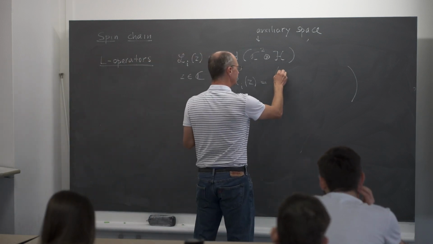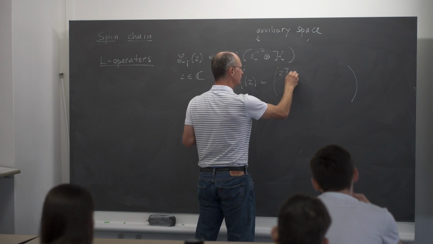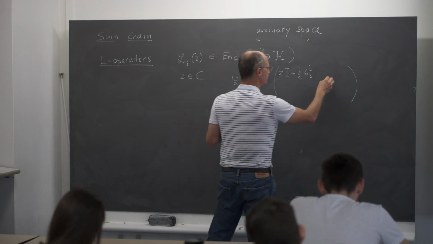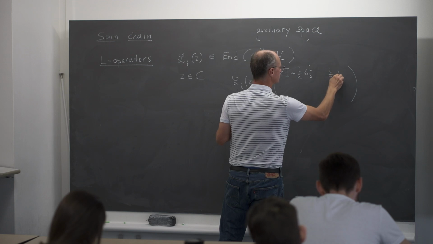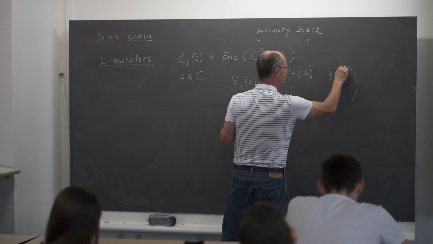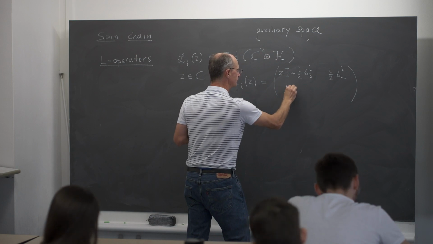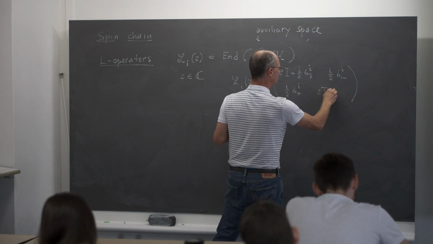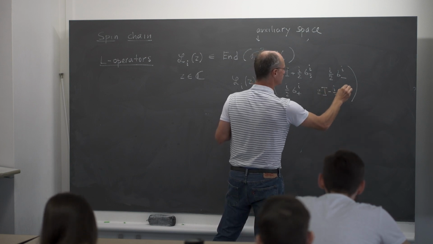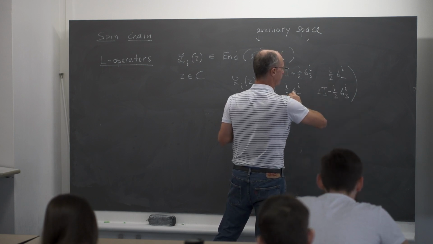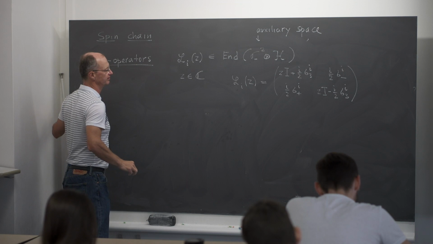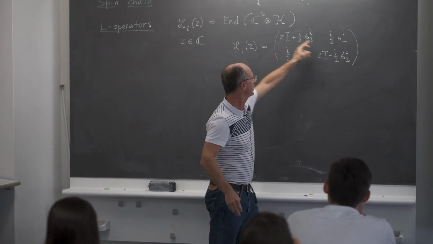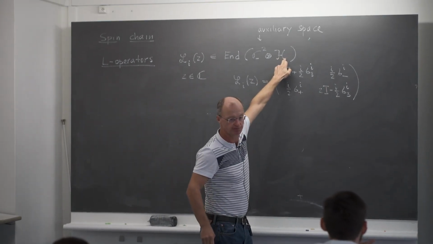Here it will be z times the unit matrix plus i over 2 sigma 3,i; here i over 2 sigma minus,i; here i over 2 sigma plus,i; and here z minus i over 2 sigma 3,i. So that's a strange concrete matrix with entries being operators acting on H.